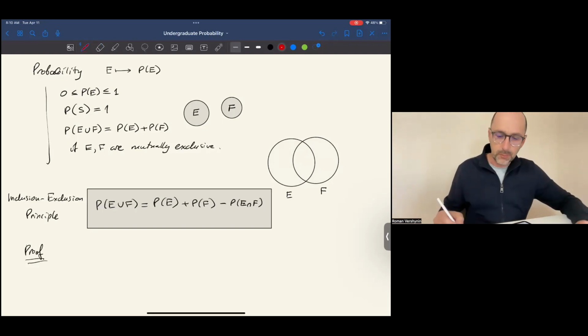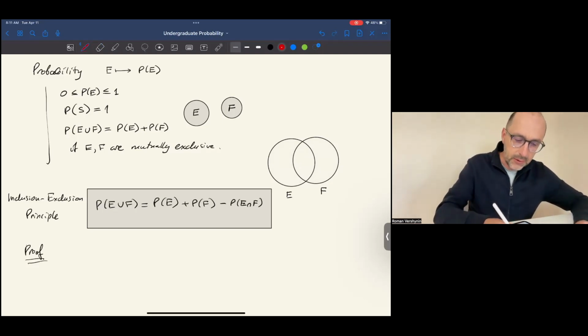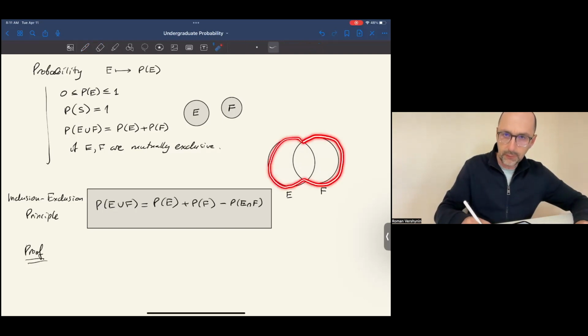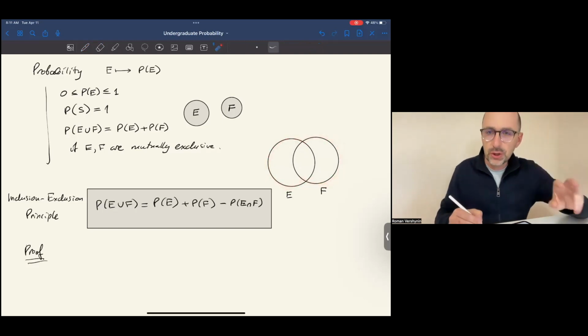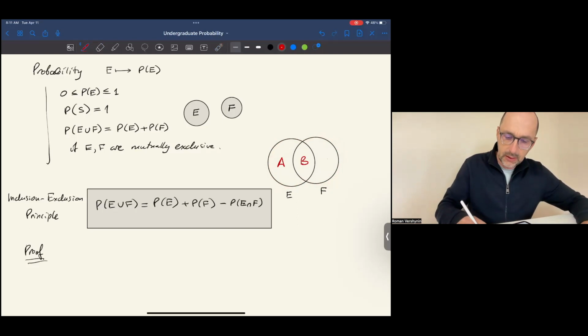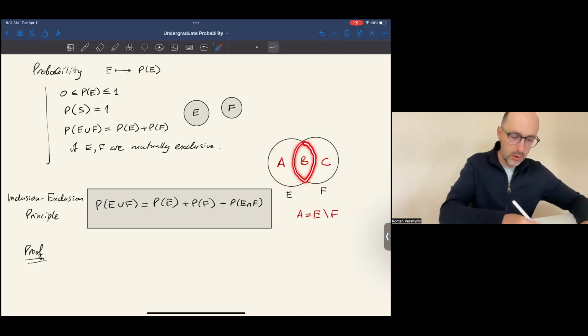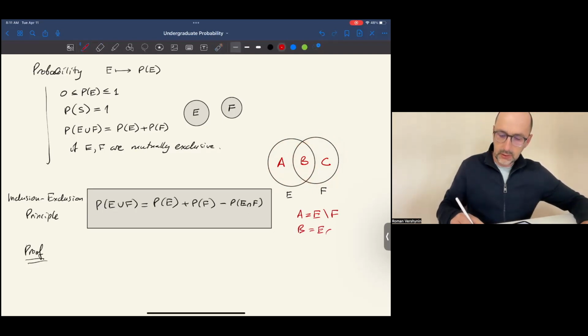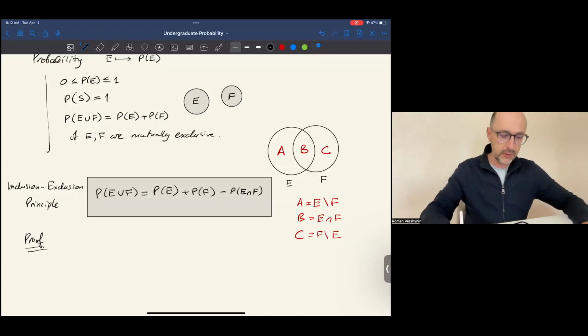To prove this principle more formally, break down the union of E and F into 3 mutually exclusive parts: A, B, and C. A is this crescent, and it's E minus F. B is this wedge, and it is E intersection F. And C is this crescent, and it is F minus E. Check that A, B, and C are mutually exclusive.